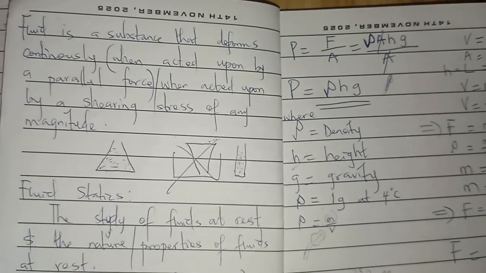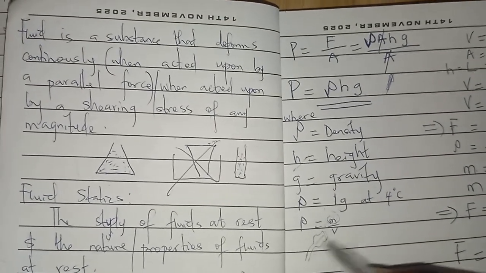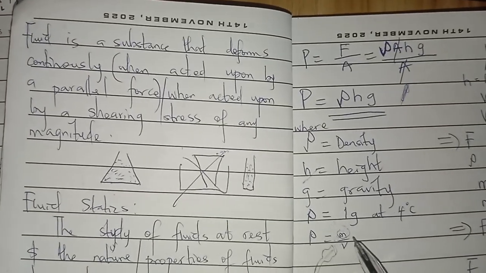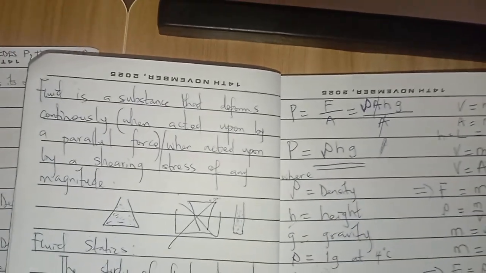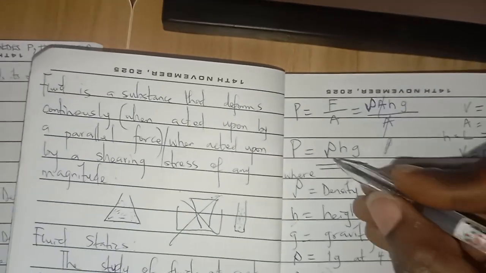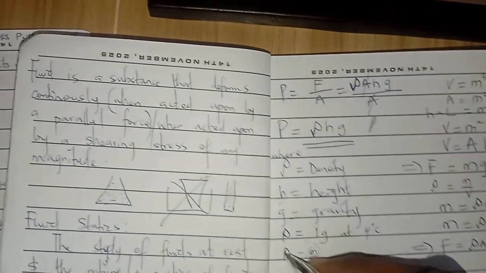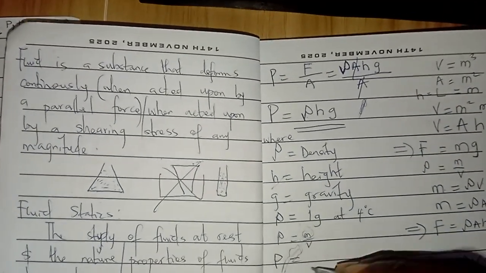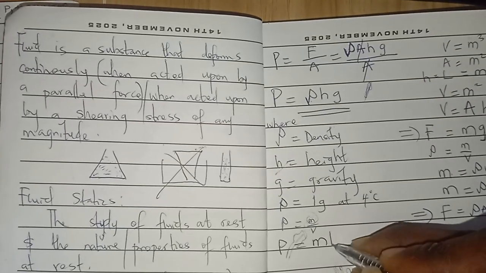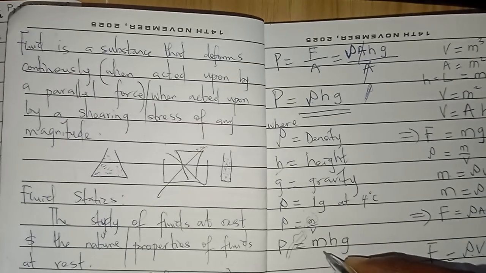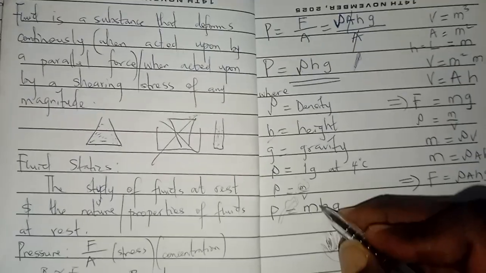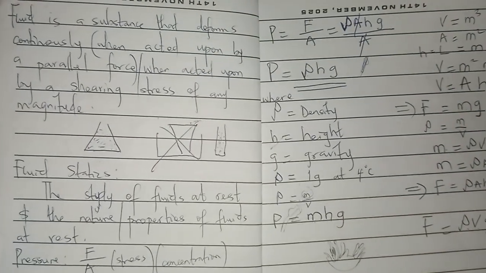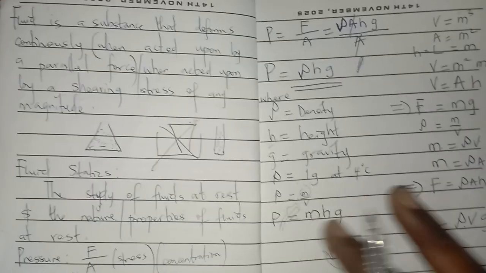So if that be the case, whenever you have density, let's come back here. What this thing means is that here that I have P, this thing can be the same thing as saying P equals m h g, since density of water and mass of water is the same thing, 1000 kilogram per meter cube, or you say 1 gram. So it can be the same thing.